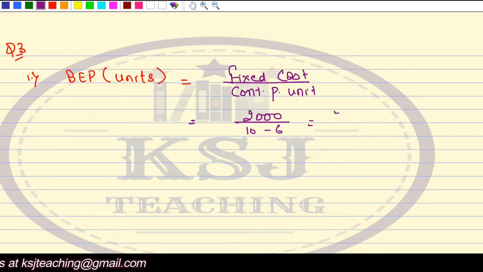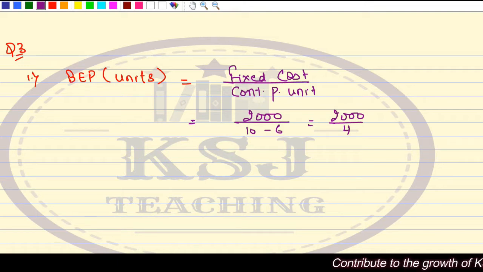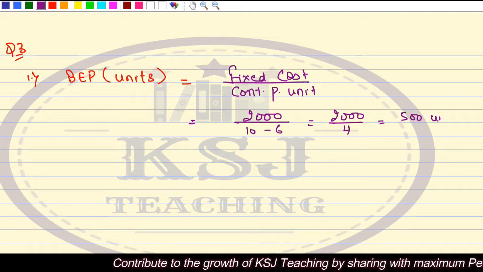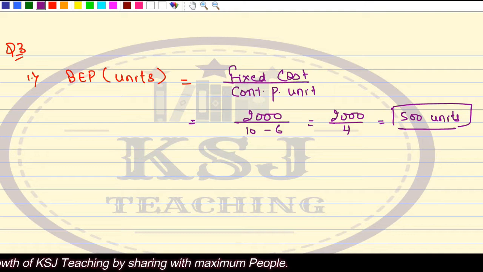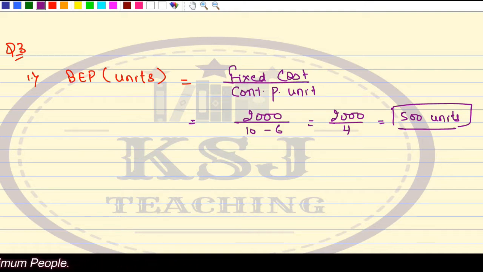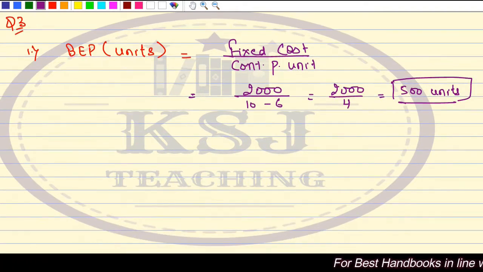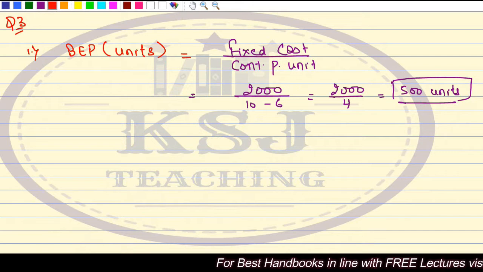So it is 2000 divided by 4, which comes out to 500 units. Clear, sir? Any doubts in the break-even units? Easy? Okay.